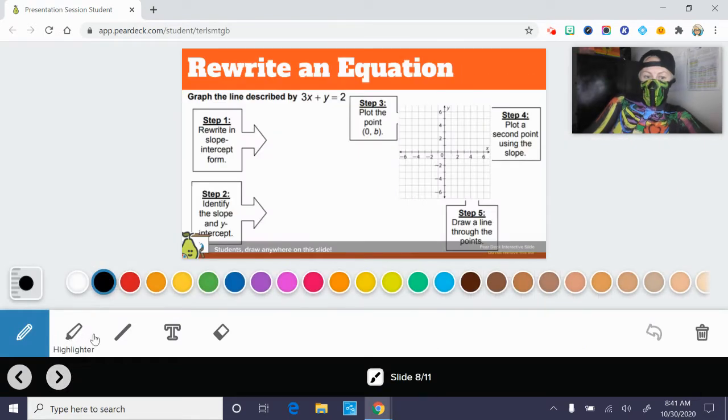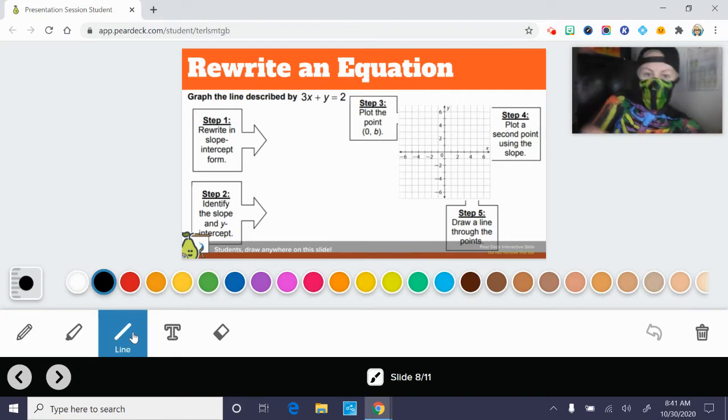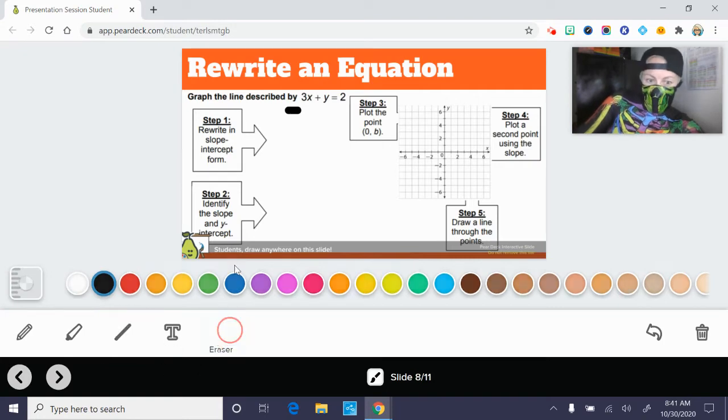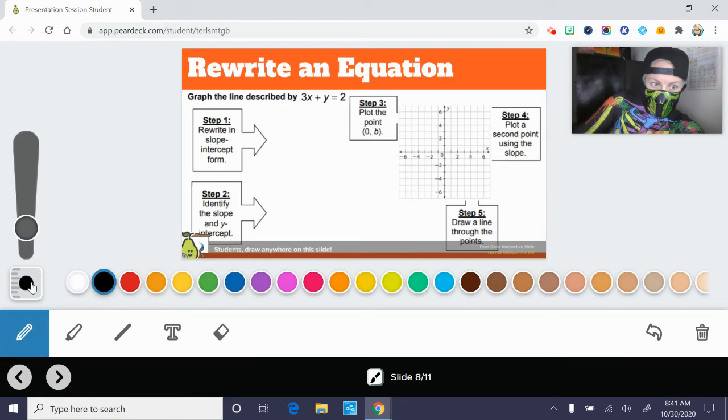So let's do this slide here. I need to rewrite 3x plus y equals 2 in slope-intercept form. So in order to do that, let's subtract. Make sure I could get all this on here.